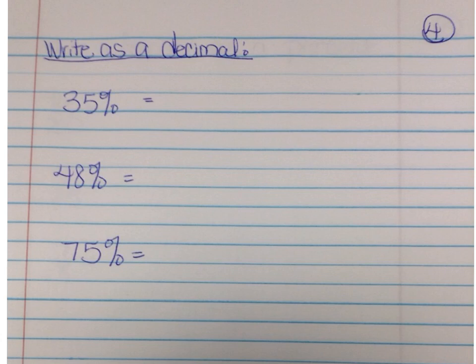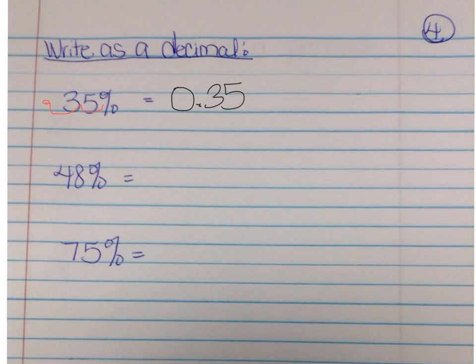Okay, now we're going to take a percent and write it as a decimal. This is easy peasy lemon squeezy. Okay, so when you turn a percent into a decimal, all you have to do, you are dividing by 100. So you're just going to be moving the decimal 2 to the left. So you go 1, 2. So 35% written as a decimal is going to be 0.35.